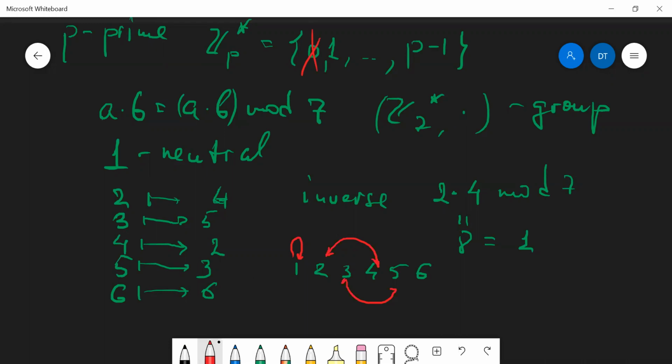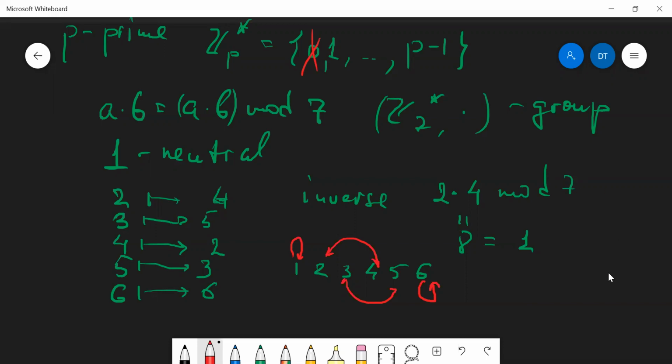Since 6 has only one option for the pair, itself, 6 must be the inverse for itself. Since we computed all the previous elements, we don't need to compute the inverse for the element 6, because now we know that it automatically must be 6. But you can easily check that.